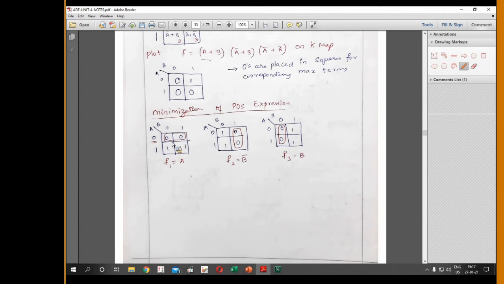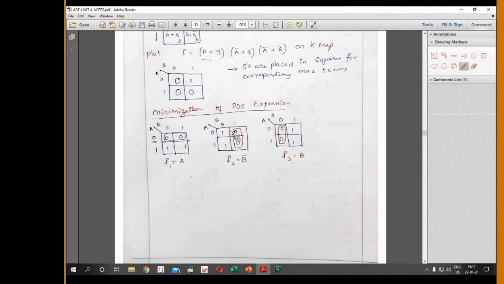Here B is 0, and in that maxterm B is 1, where the only common variable is A is 0. Hence F1, the minimal expression for this function, is A. Next, for this function, I have 2 variables in each term. After minimization, we only have 1 variable which is common to both maxterms.